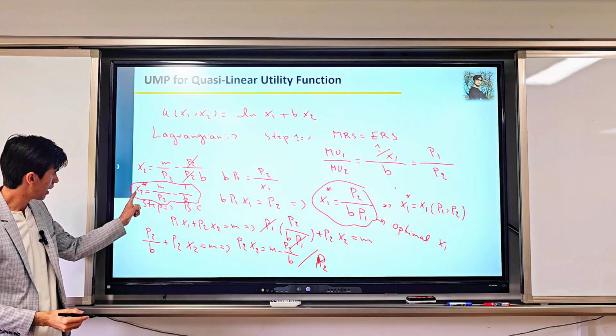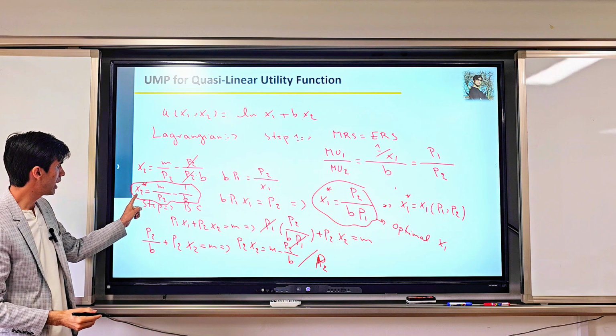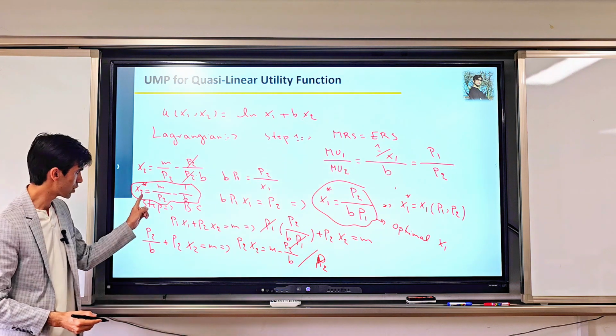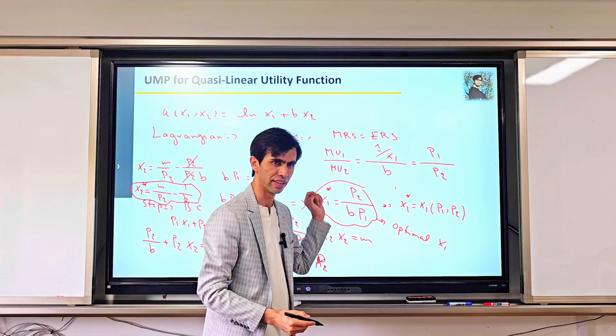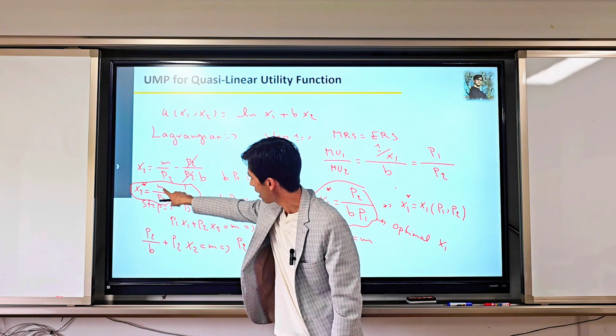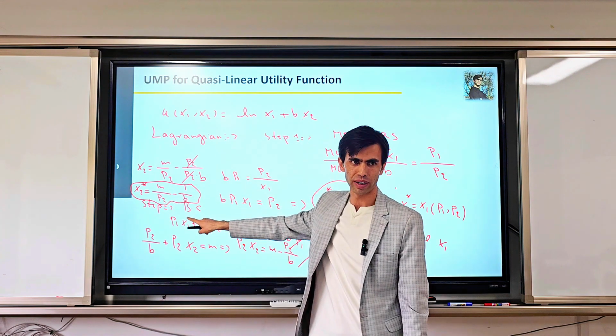Here x2 is only a function of its own price and income. It's not a function of the price of x1. You see, in x2 we only have m and p2. We do not have any p1.